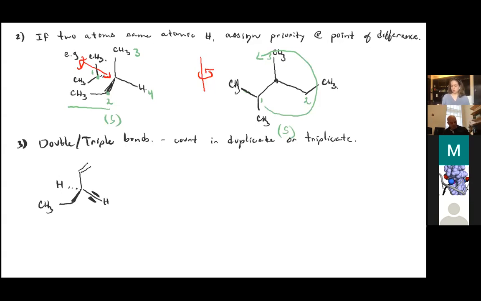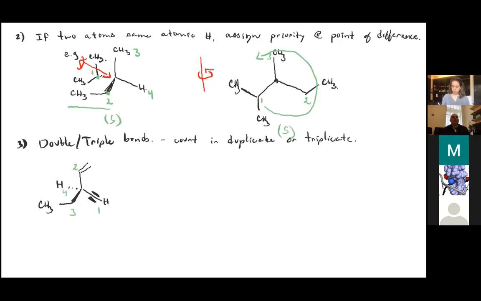And so that's priority number 1. The double bond is interpreted as a carbon attached to 2 carbons. That's number 2. The ethyl group, CH2CH3, that's a single bond as it's drawn, and then the hydrogen is 4.